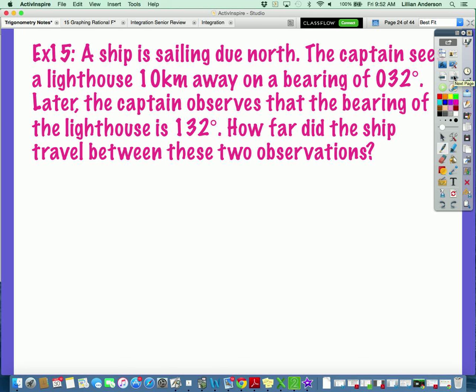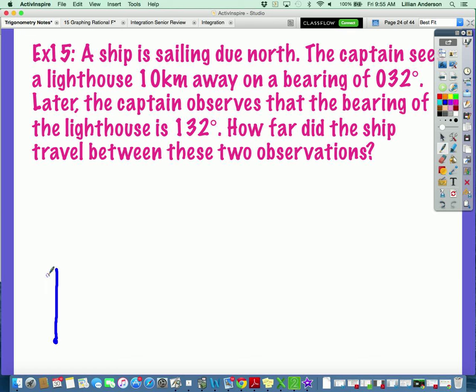Try to set up a picture for this. A ship is sailing due north. The captain sees the lighthouse 10 kilometers away on a bearing of 32 degrees.